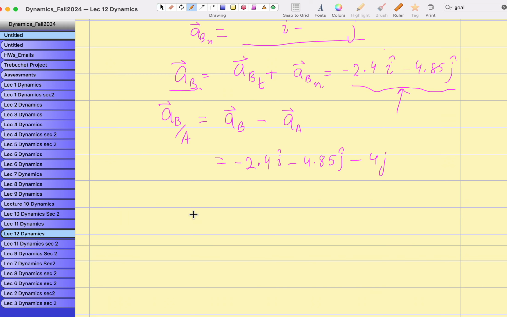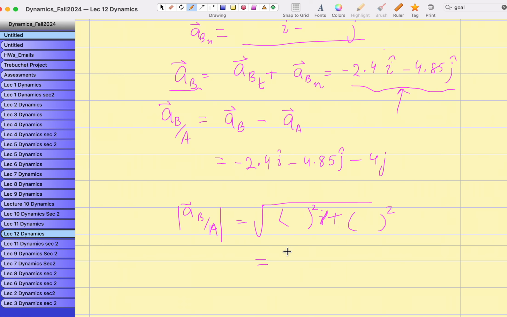So let me write down the magnitude formula for the orthogonal coordinates. This is the magnitude formula, the i-th component squared plus the j-th component squared.